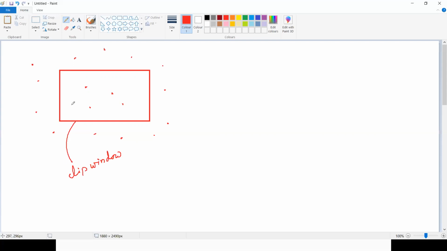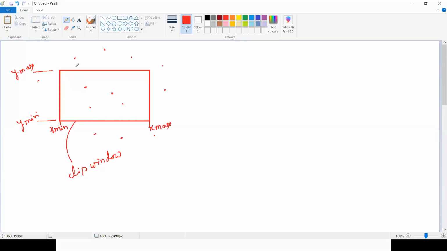Let us say the dimensions of the window are: this is x min, this is x max, this is y min, and this is y max.